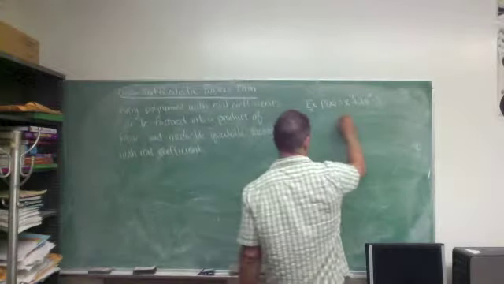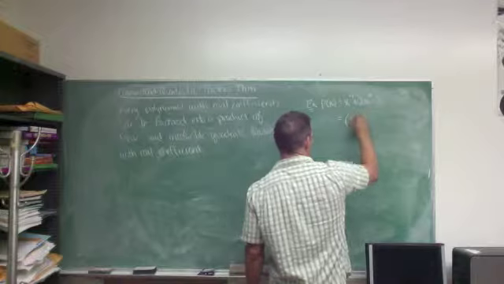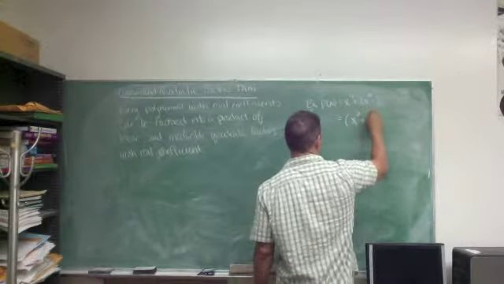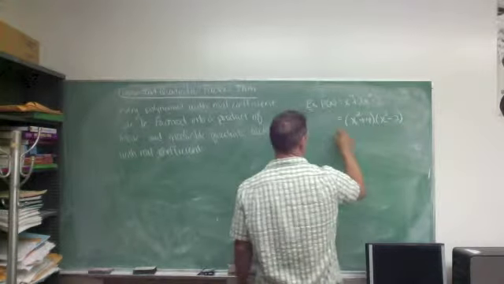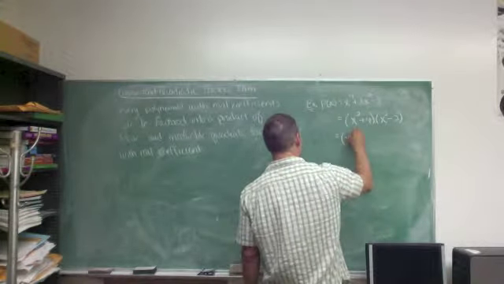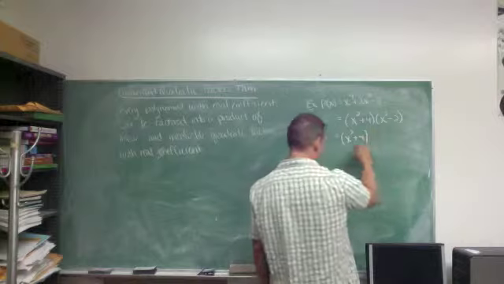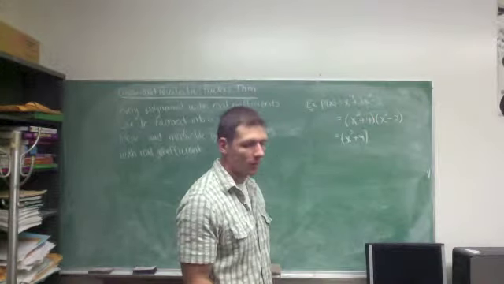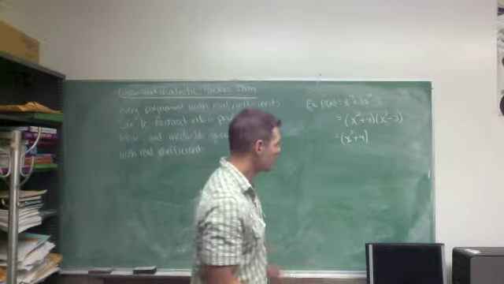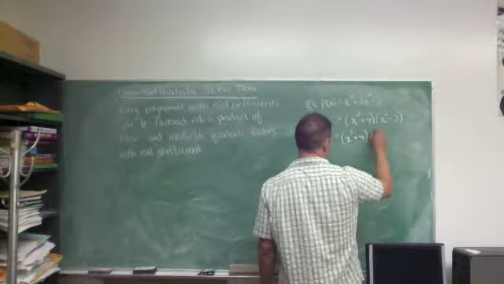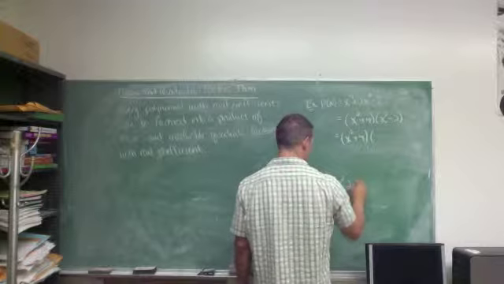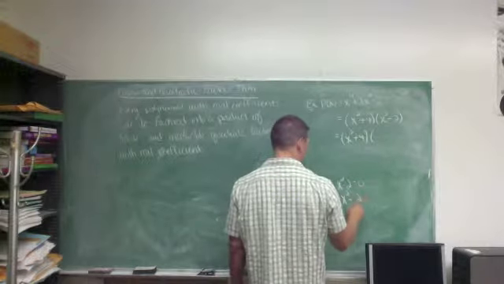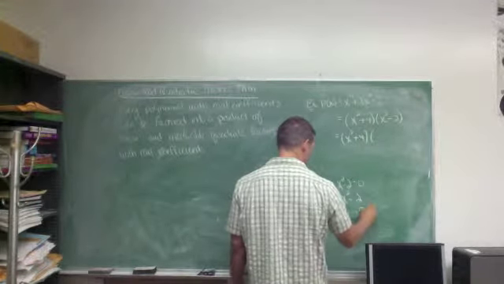We know we can factor that as x squared plus 4 and x squared minus 2. x squared plus 4 can't be factored over the real numbers. It can be factored over the complex numbers, because we can solve that with i's in them. This we can, because if we set x squared minus 2 equal to 0, that happens when x squared equals 2, or x equals plus or minus the square root of 2.